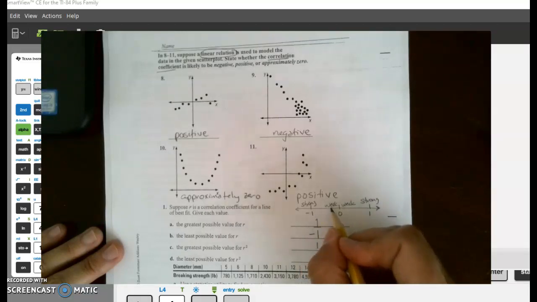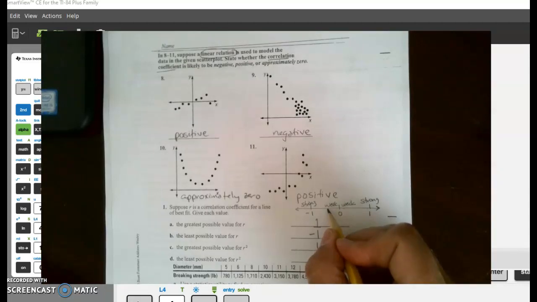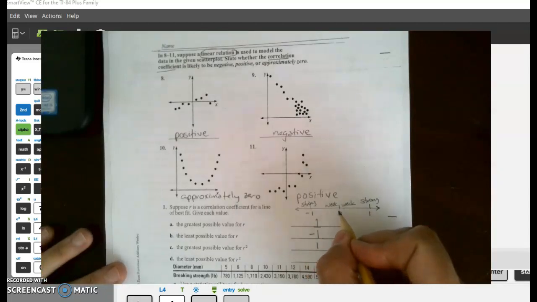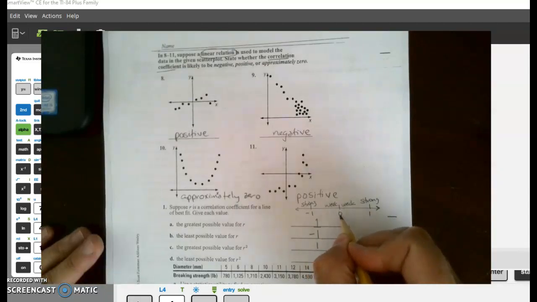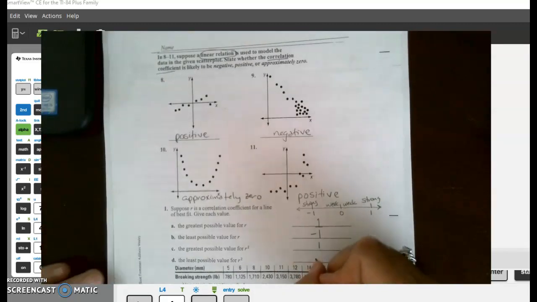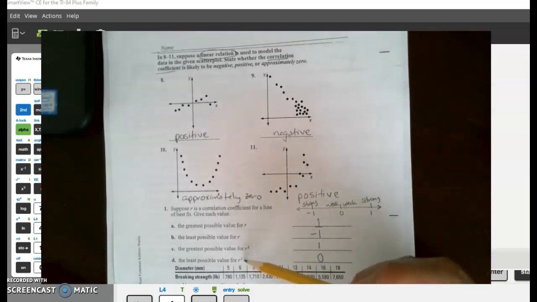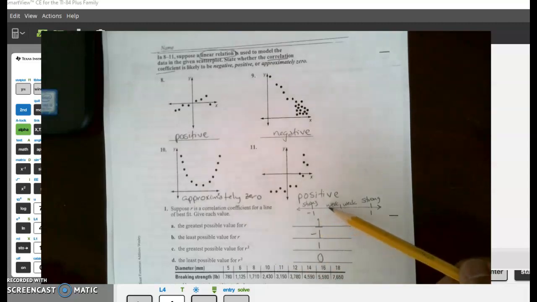If I square -0.5, I get 0.25, because a negative times a negative is a positive. If I square 0, I get 0, which is the least possible value for R squared. You will never get a negative value for R squared, because when you square a negative, it becomes positive.